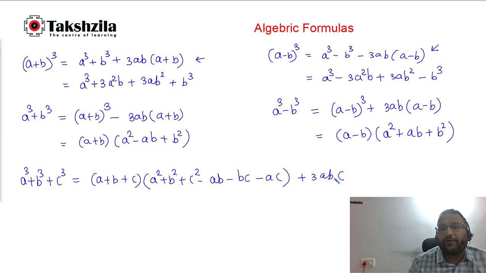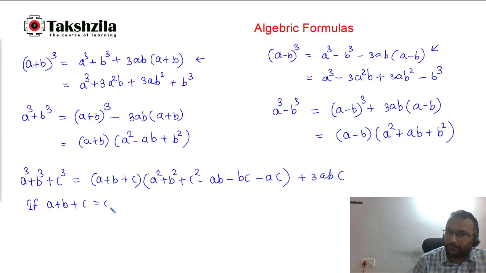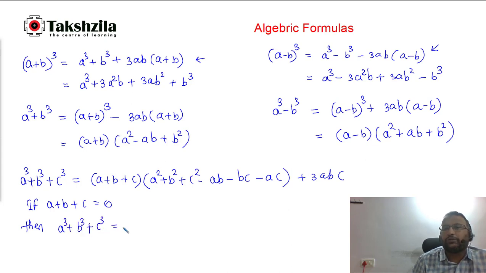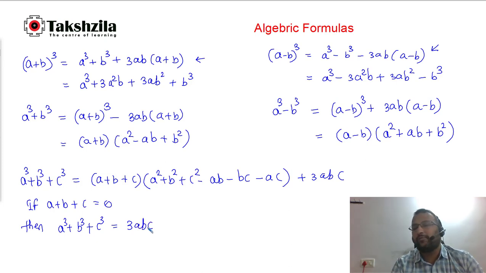One sub-property over here is if a plus b plus c is equal to 0, then the value of a cube plus b cube plus c cube is how much? It is equal to 3 times a into b into c. These are a few algebraic formulas we need to remember as of now.